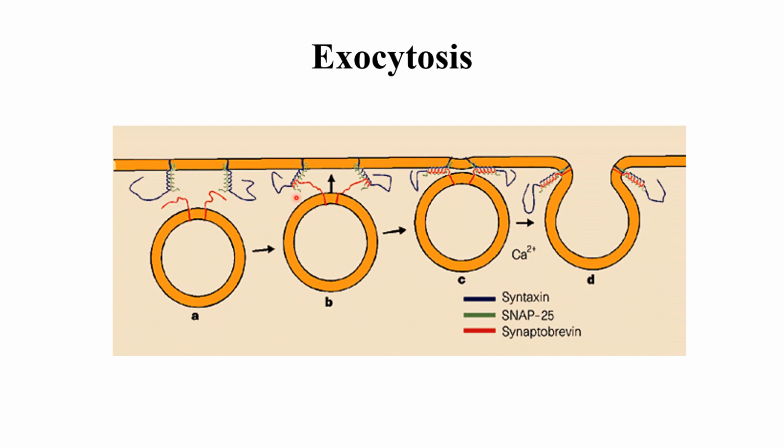So when these V-SNARE and T-SNARE attach to the SNAP, the green one, they get fused to each other, and then the vesicular membrane and target membrane get fused, and then material is released outside. That is called exocytosis.